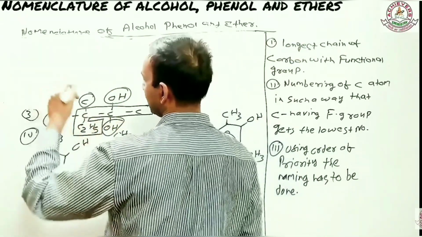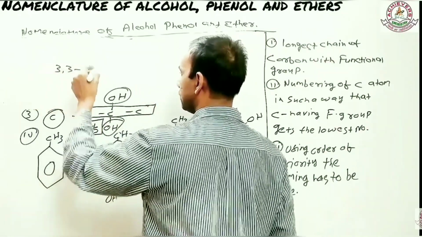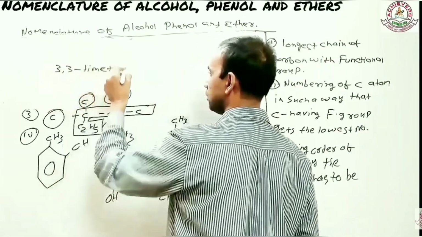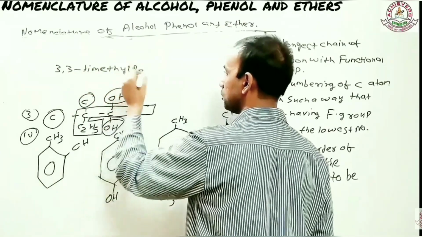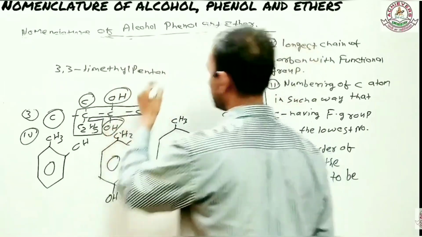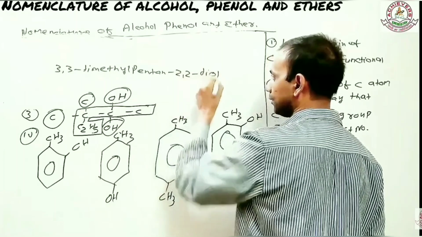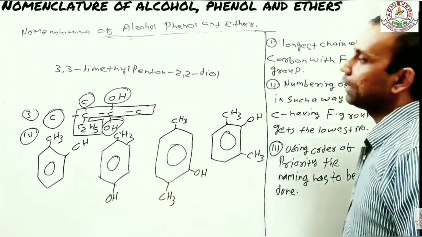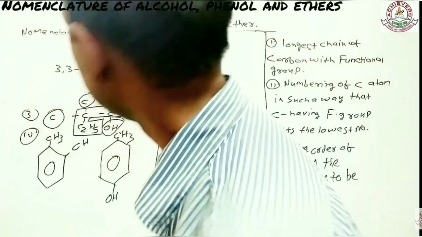So that's going to be 3, 3 dimethyl, and 5 carbons represent pentane, and they are on the second position. So 2, 2 diol. That's it. So 3, 3 dimethyl pentane 2, 2 diol. That is the IUPAC name for this particular compound.